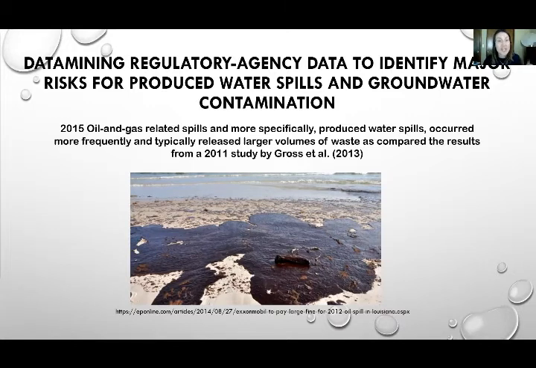And so what we found was that in 2015, oil and gas related spills, and more specifically produced water spills, occurred more frequently, and they typically released a larger volume of waste as compared to the results from the 2011 study by Gross et al. So these are becoming more impactful on the landscape.